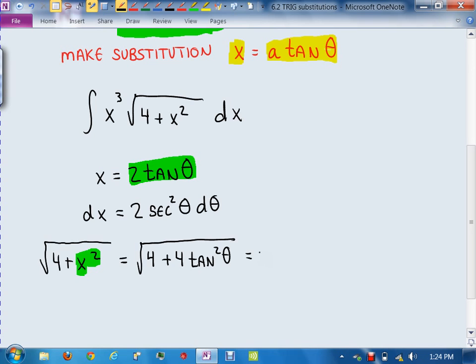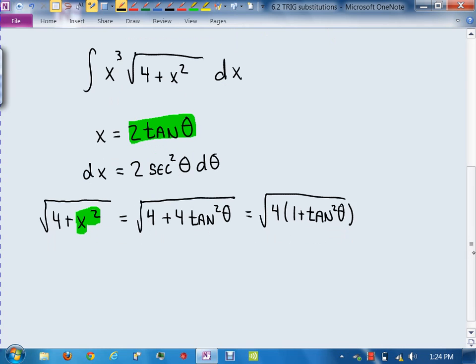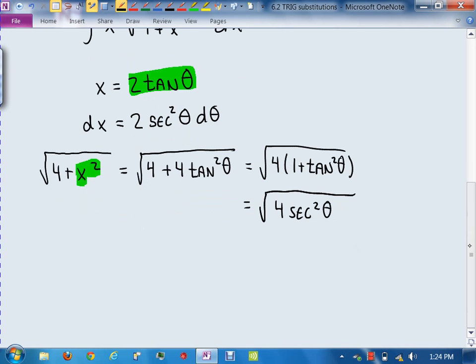Underneath that root, each term has a 4. So the 4 can come in front like this, 4 times 1 plus tangent squared theta. But what is 1 plus tangent squared theta? Secant squared theta, isn't it? So this becomes 4 secant squared theta. And what's the square root of 4? And what's the square root of secant squared theta? Secant theta.